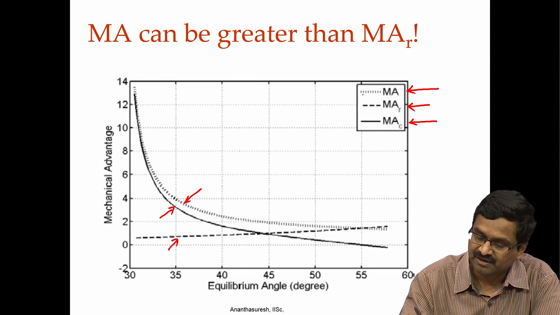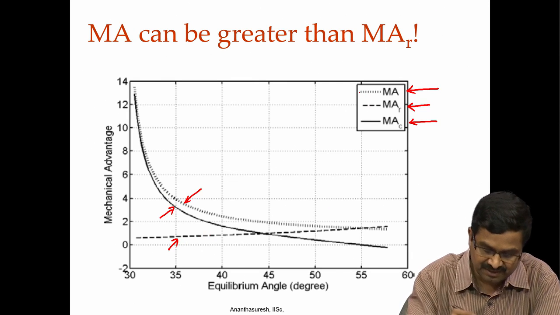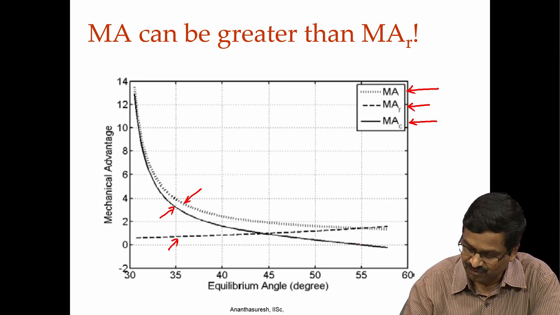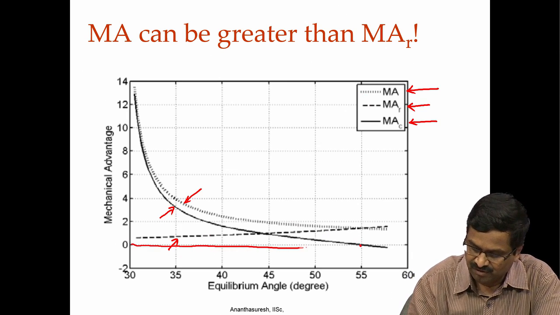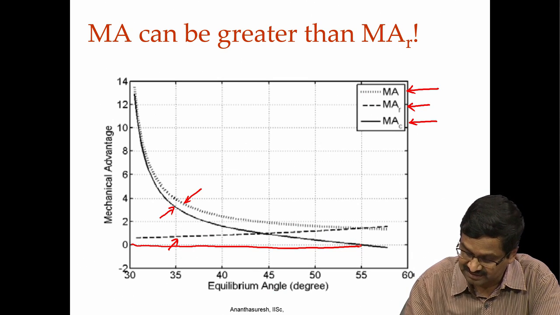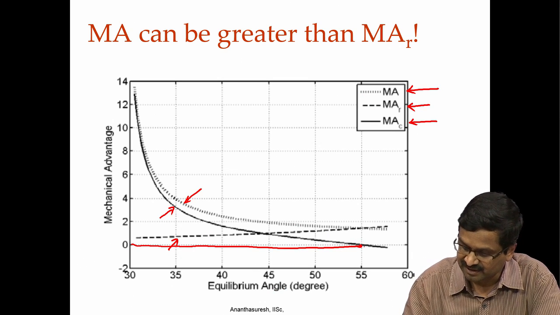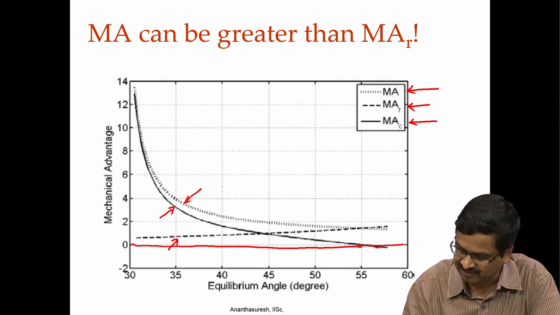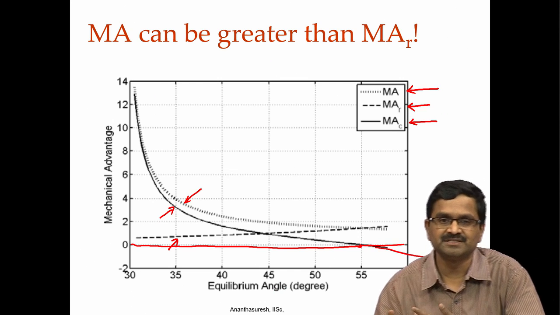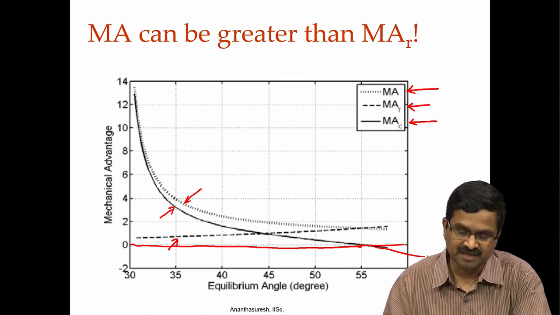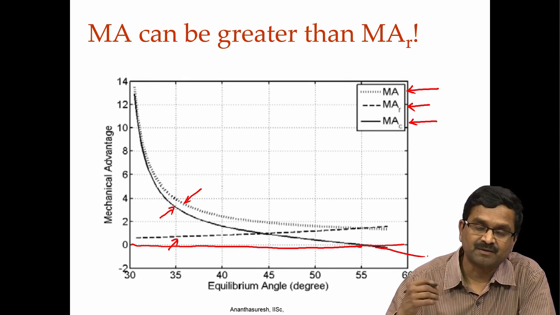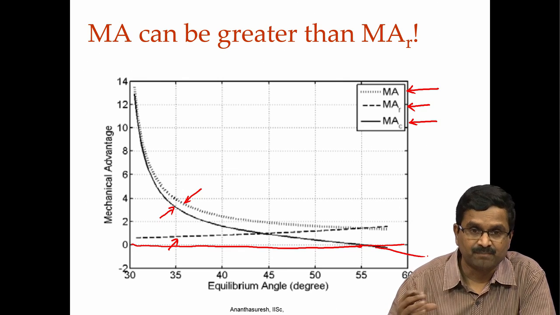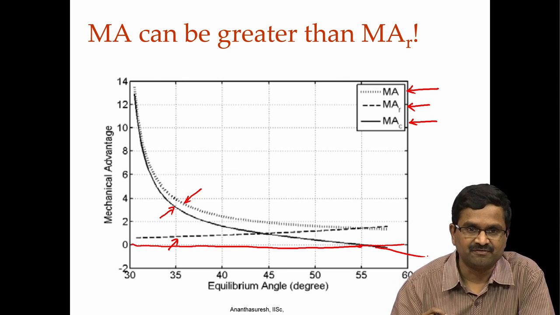Above that we have the dotted line, which is the overall advantage, because it is positive for a long range, that is from 0 to about 55 degrees of the angle here. After that it goes negative, which I have not shown here, but the point is that we can actually design compliant mechanisms where we can have the compliant component positive for the mechanical advantage.